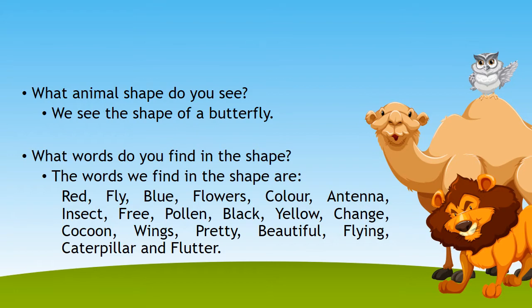So the words we find in the shape are red, fly, blue, flowers, color, antenna, insect, free, pollen, black, yellow, change, cocoon, wings, pretty, beautiful, flying, caterpillar, and flutter.